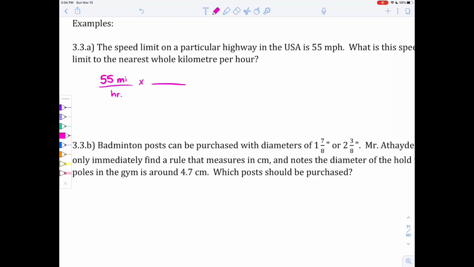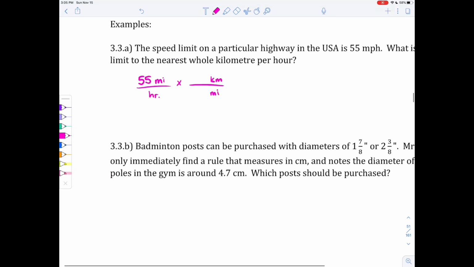So I'm going to multiply by 1, getting rid of miles, so I have to put them on the bottom. And I'm introducing kilometers, so I'm going to be putting that on the top. I'm going to start off by introducing what I have there and saying that it is equal, that same thing multiplied by 1. And for my conversion, I know that 1.609 kilometers are in each and every mile. When I multiply those, I get 88.495.